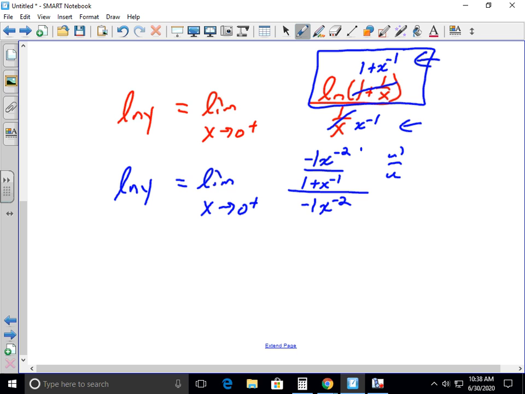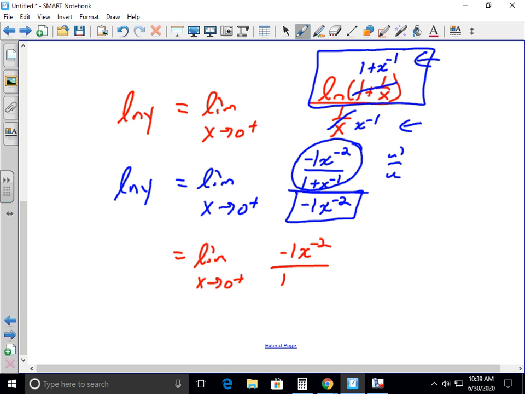So we did the derivative of the numerator, and then we did the derivative of the denominator. So let's simplify this. So we have negative 1 x to the negative 2 over 1 plus x to the negative 1.